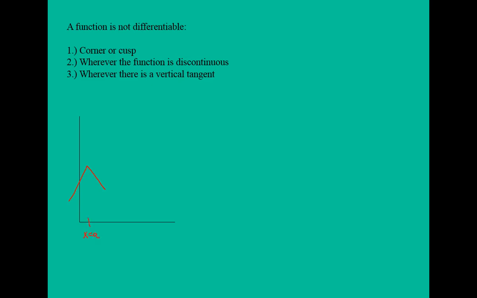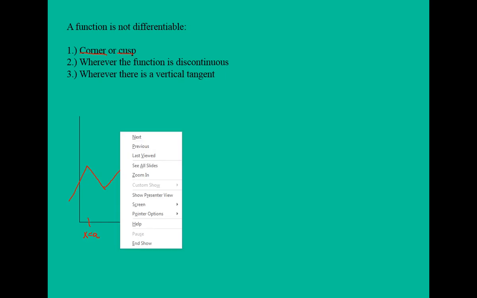So it would not be differentiable at x equals a. That's a corner. Now a cusp is something that looks like a wave or a shark fin. So this would not be differentiable at that point. You can see it comes to a point again, so it's not differentiable. That's called a cusp. So those are 2 different ways that a function would not be differentiable.